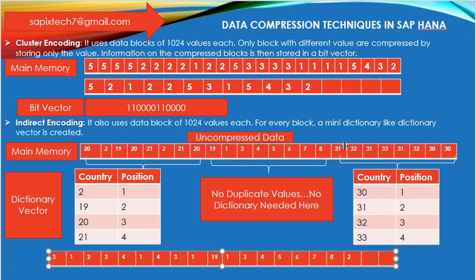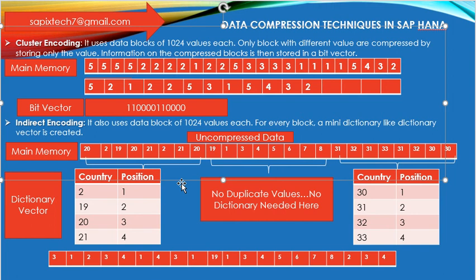Now we have 31 at the position of 2, 32 at the position of 3, 33 at the position of 4, and so on. Because of space, I don't have cells available here for showing you, but you can understand. I think you have understood what actually happens in indirect encoding.